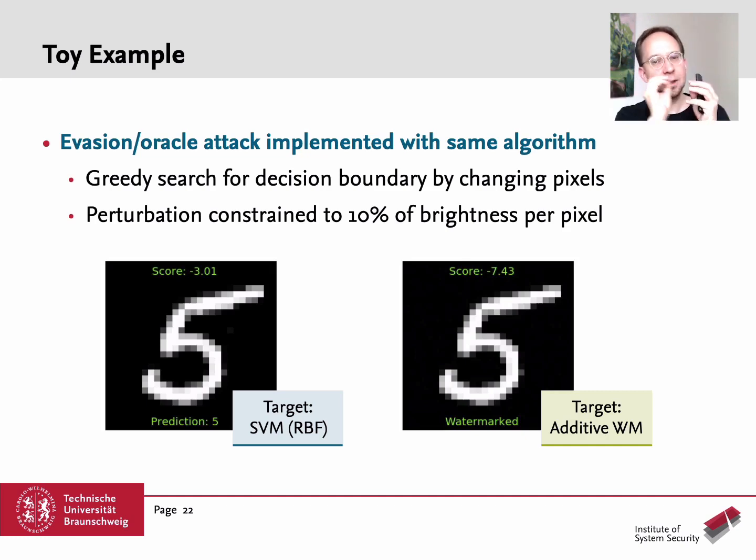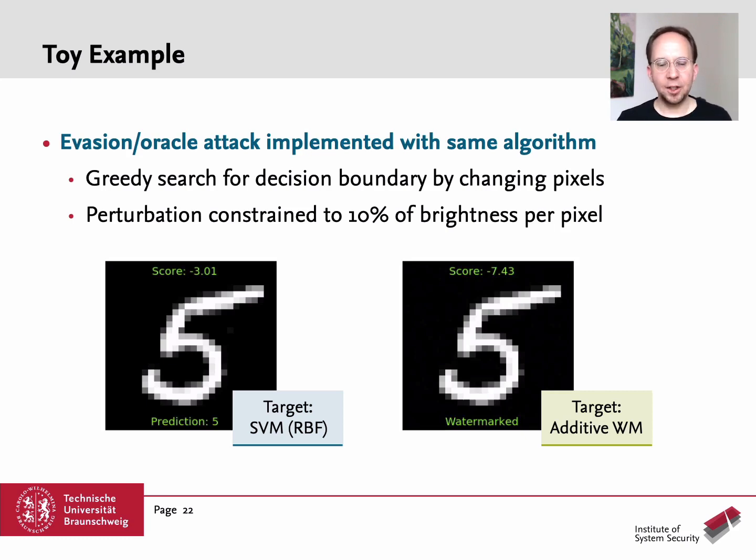So I add a little bit of, let's say, brightness to some pixel, and I'm checking, does it move me into the direction of the decision? So does it move me in the direction of the 8? Because I want to flip the prediction. And I do this for all pixels, and then I pick the pixel that has the highest gain, that moves most to this decision function. And then I repeat and look again for a change.